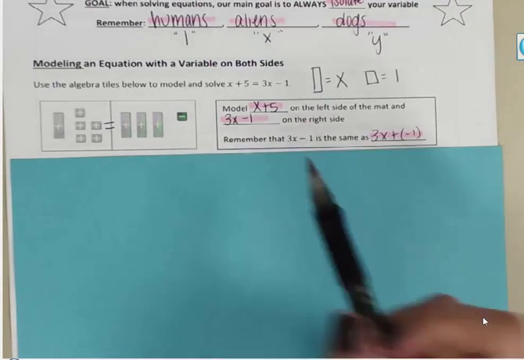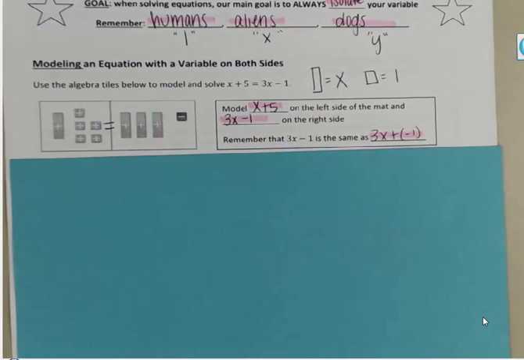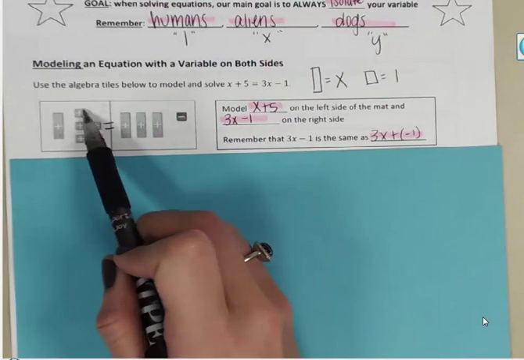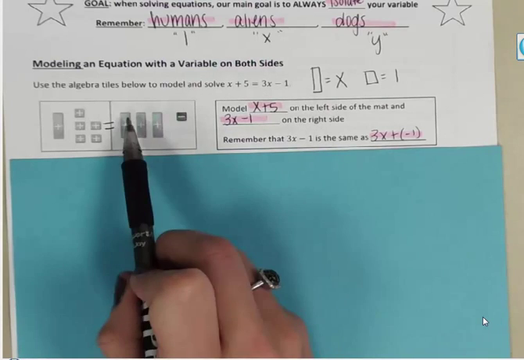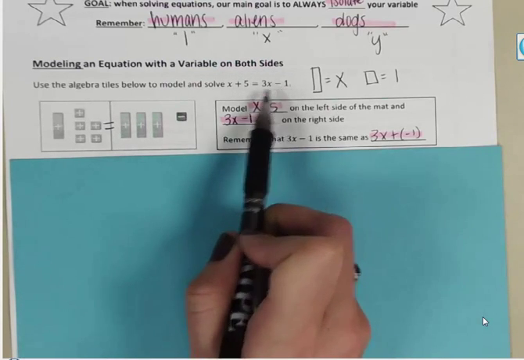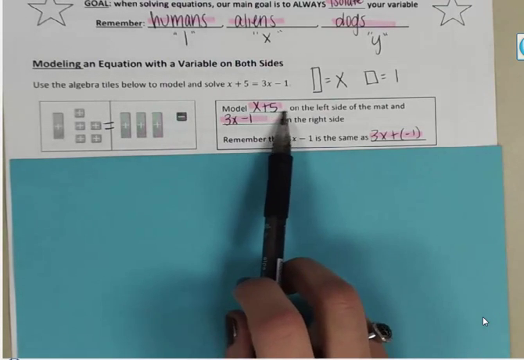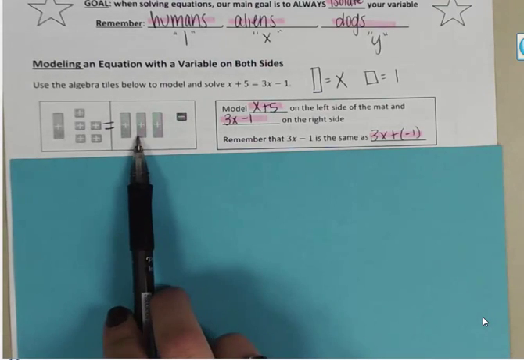Alright, so the plus and the minuses obviously mean positive and negatives. So we have 1x on one side, then we have 5 1's on the other, is equal to 3x's minus 1. So it says we modeled x plus 5 on the left side of the mat and 3x minus 1 on the right side.